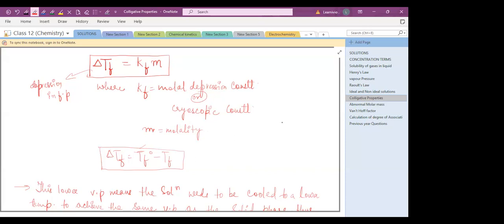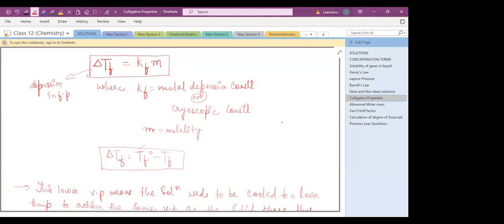And you know what? It has very day-to-day life applications also. Like, in the cold regions, anti-freezing agents are added to the car radiators, right?